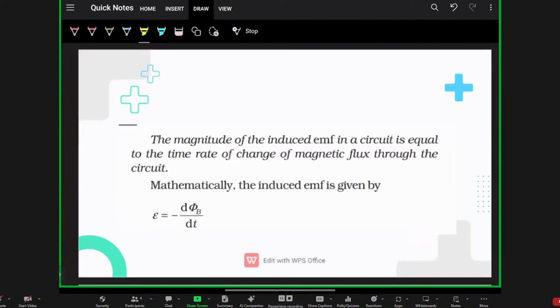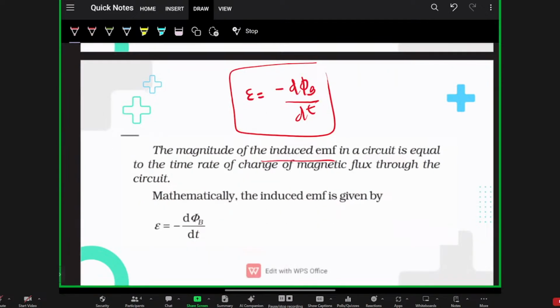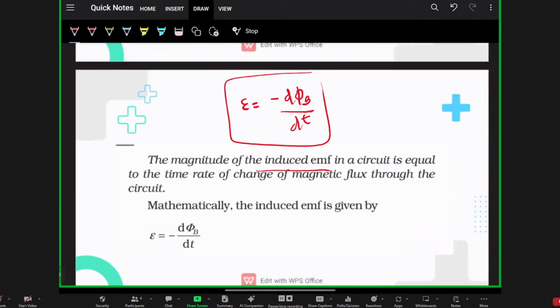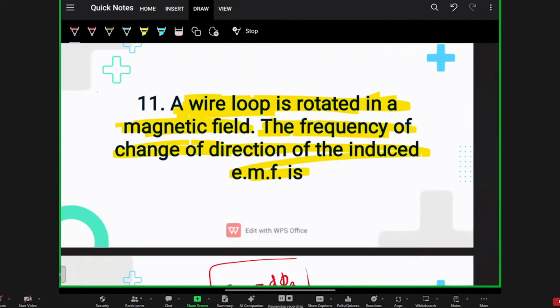The induced EMF is equal to minus d phi B divided by dt. So here the condition is that a wire loop is rotating in a magnetic field.